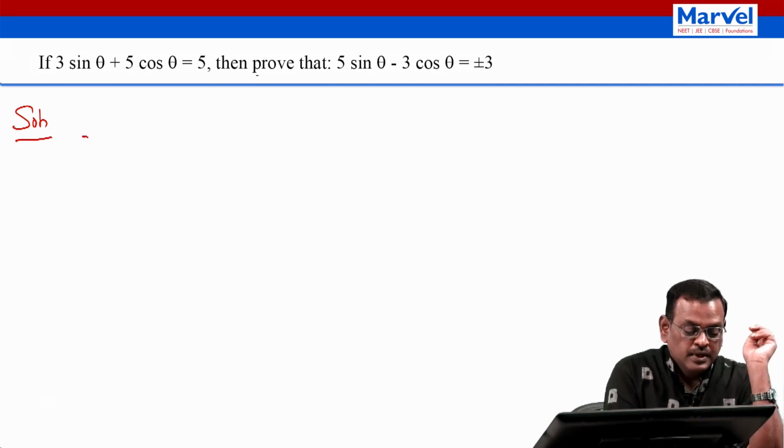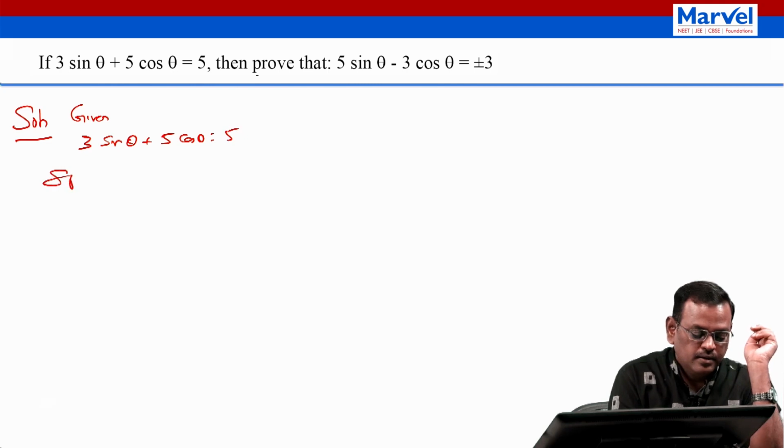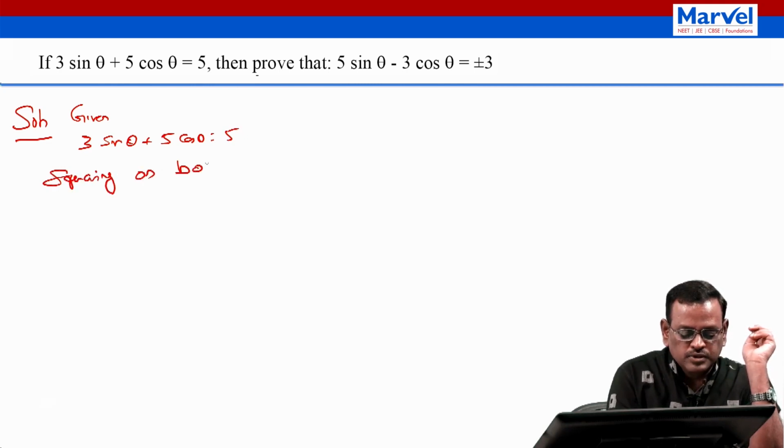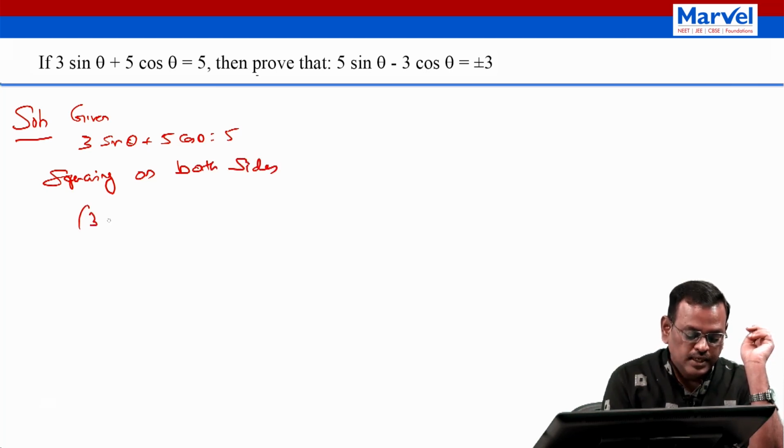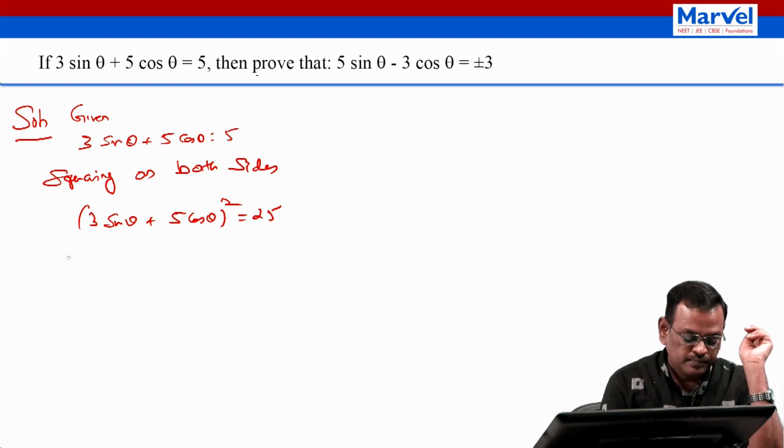Check, 3 sin theta, this is given, plus 5 cos theta equal to 5. Squaring on both sides. So what is the value? 3 sin theta plus 5 cos theta the whole square equal to 25.